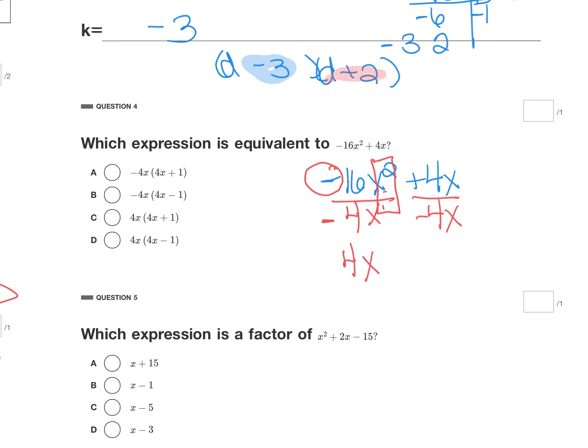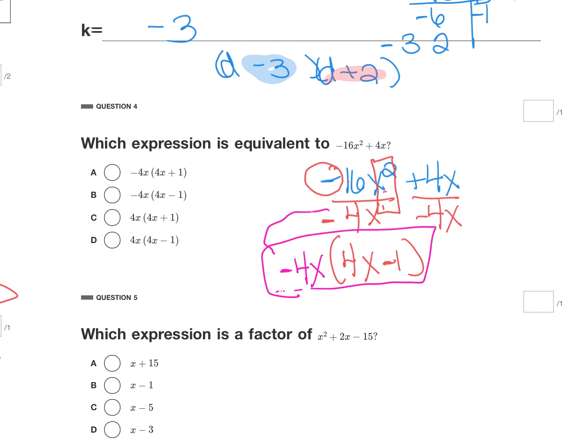And then over here, a +4x divided by a -4x is -1. So I'm left with one factor. And now I have to remember, even before I started, I had pulled out this -4x, so I'm going to stick this in front. And this expression is equivalent. So -4x times 4x minus 1.